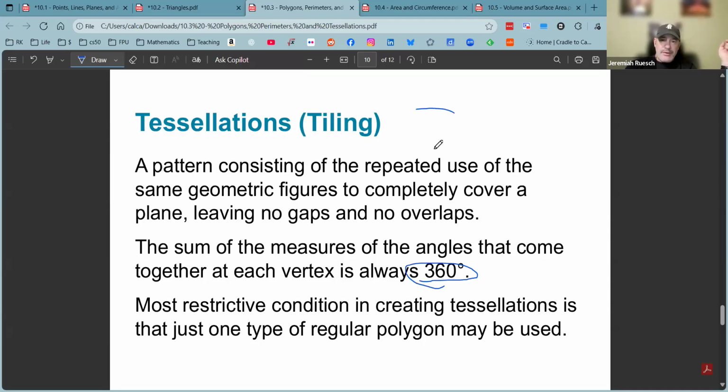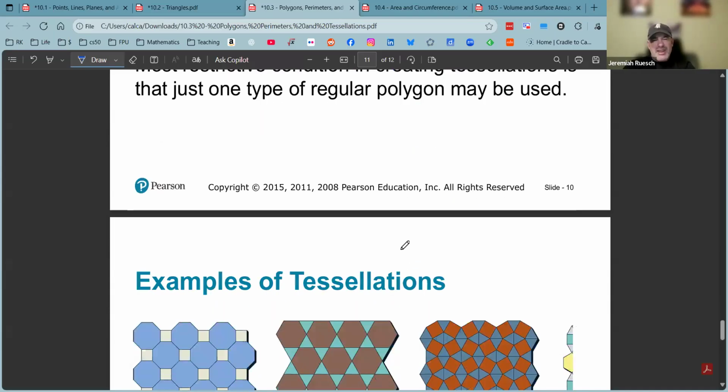If you just zoom in on any particular point, and you have a pattern and then another pattern coming in like so, and then something else like so, the angles at which they meet, if you go around it, always have to equal 360 degrees, because you're kind of going around a circle. So it's always got to equal that same value. Otherwise, they don't fit together.